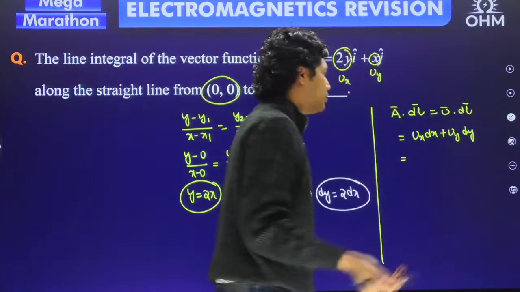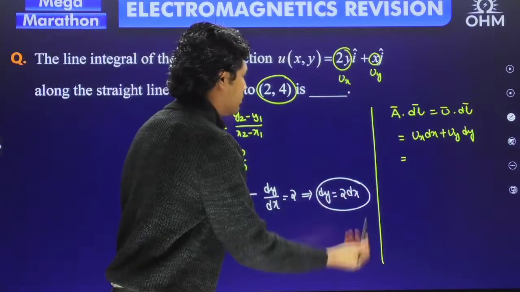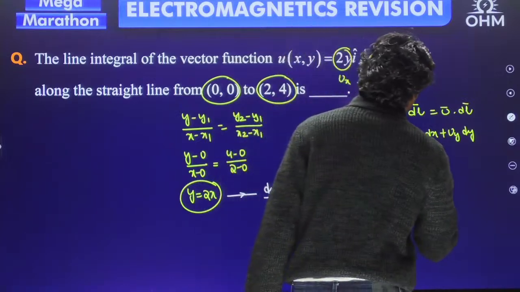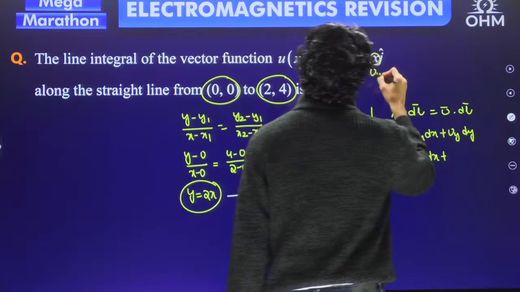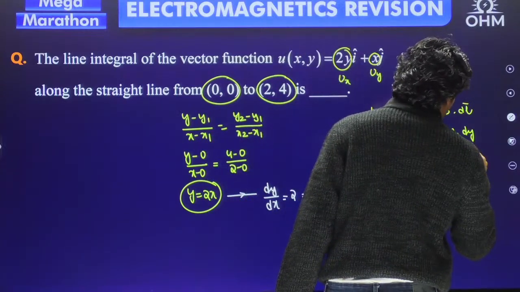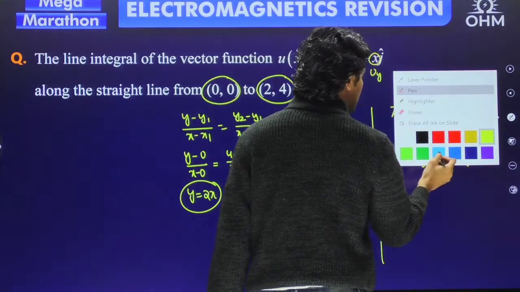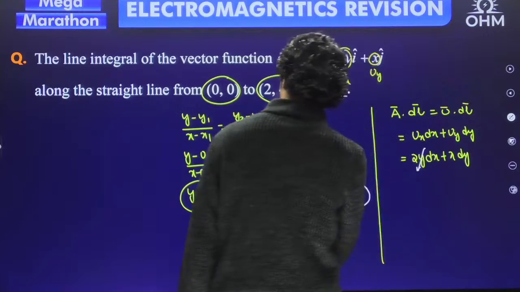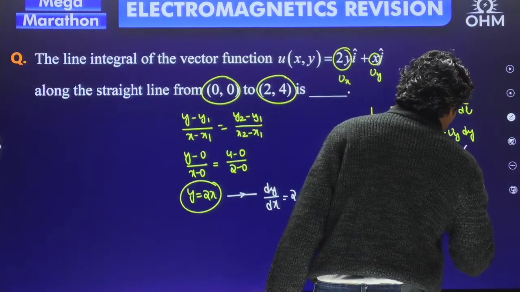Convert everything in terms of one single variable, and that variable could be x. Let's replace all the y terms in terms of x. What is ux? ux is 2y. So we have 2y dx plus uy is nothing but x times dy. Wherever we have y terms, we will replace them. y is equal to 2x on the path, and dy is equal to 2 dx.